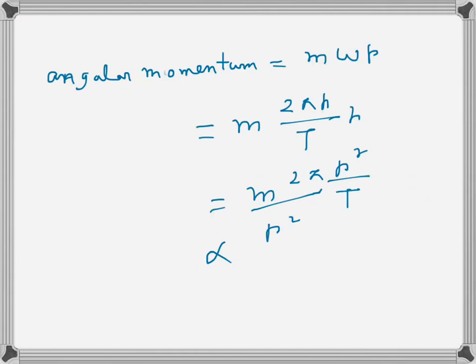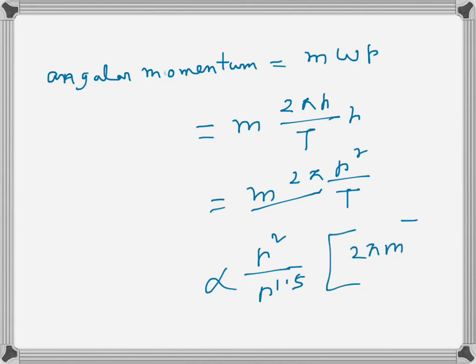So this is r squared over r to the power 1.5, and 2 pi m is constant.